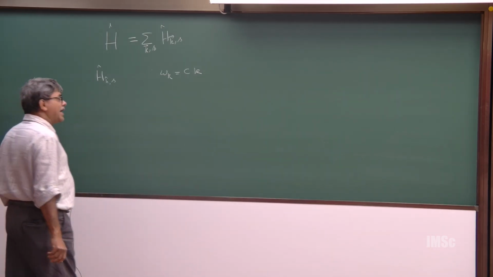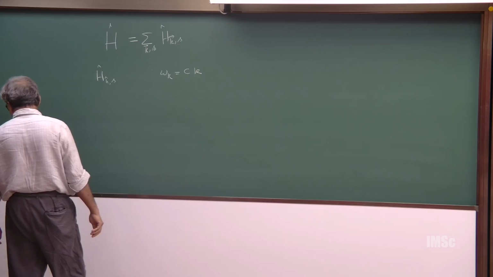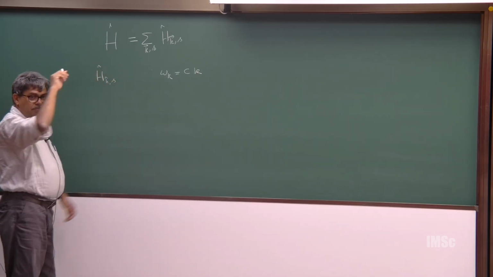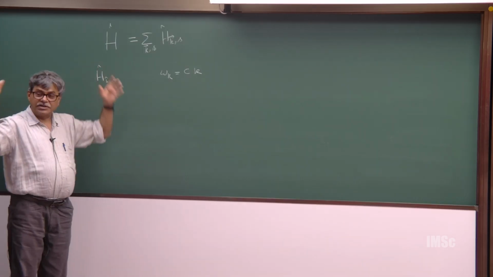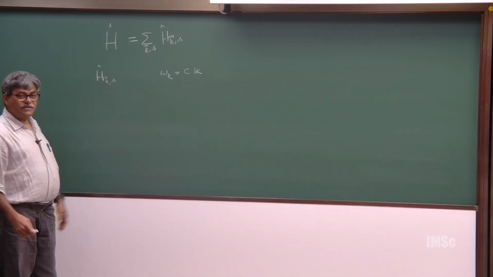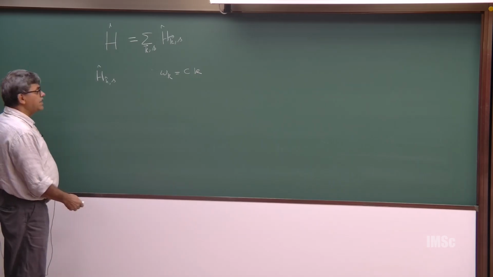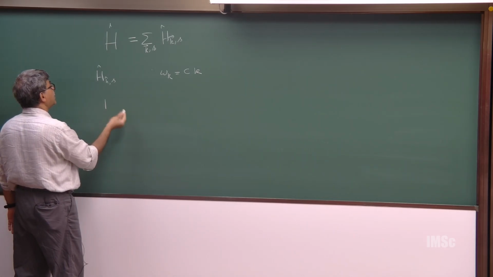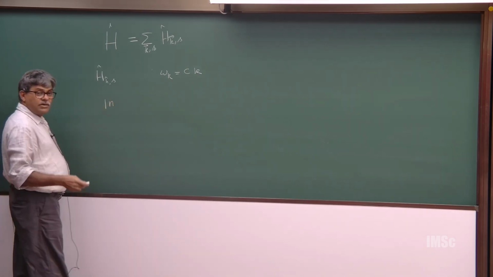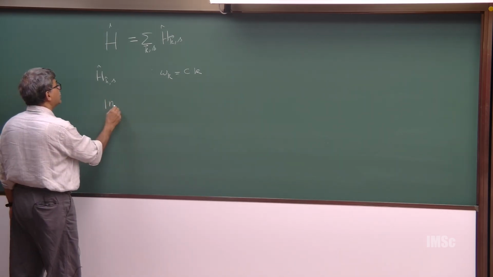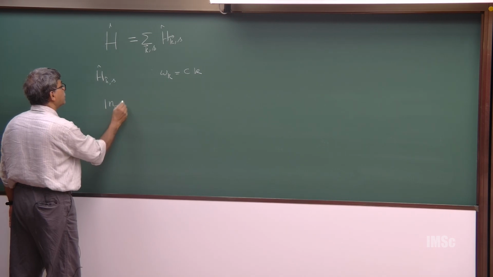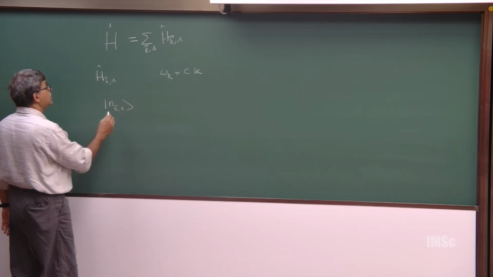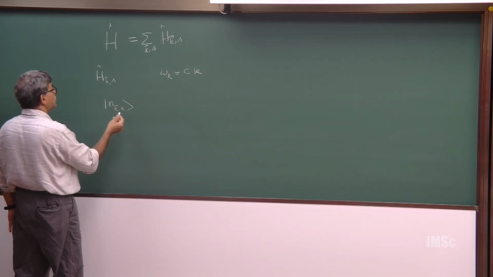So, now if I look at what are the eigenstates of this Hamiltonian, that means the quantized electromagnetic field in vacuum. So, the eigenstates in the simplest term will be the product eigenstates.